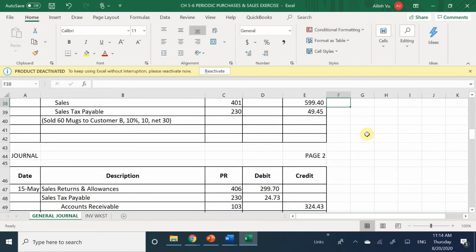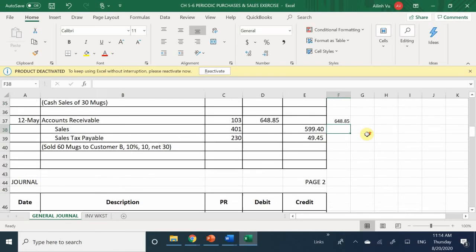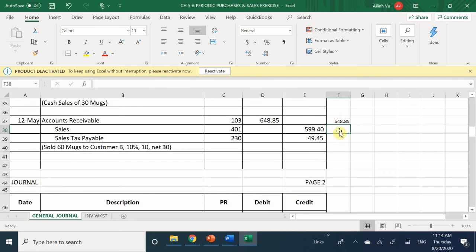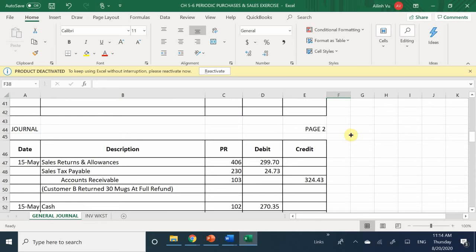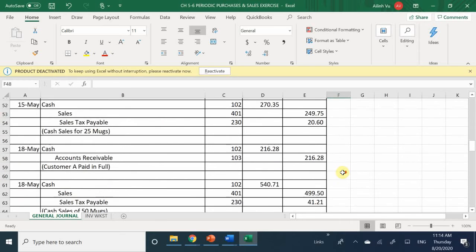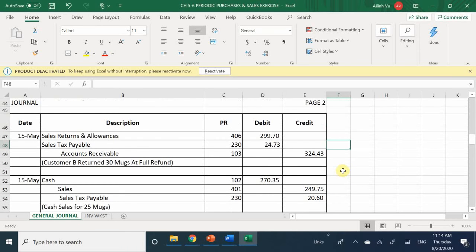But hold on, it's not 5 cents, I meant 85, and we subtract 43. Oh, 324.42. Yes, 324.42. But what number can we actually take the discount off of?